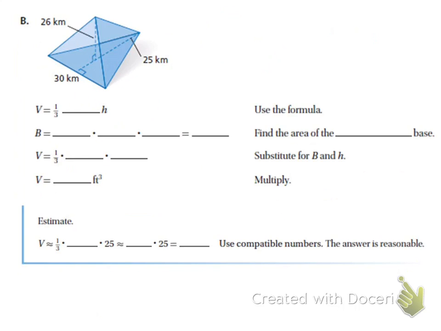Okay, we are on letter B. So we have 1/3 times base times height. Now this one looks kind of funky, but our base actually is 30 and 25. So when we do 1/3 times base times height, this is a triangular base.